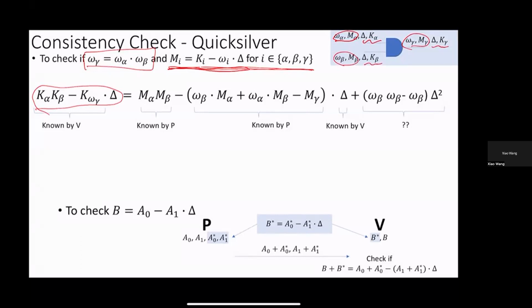And if we expand this out, we will get a bunch of terms. So why does this equal the right hand side? Because we can replace K_alpha with M_alpha plus omega_alpha times delta.